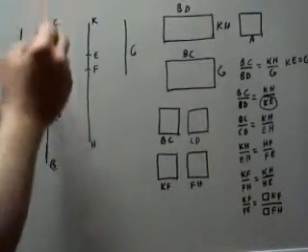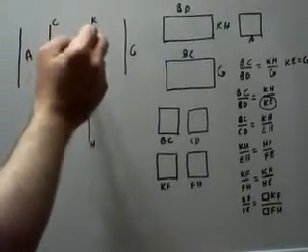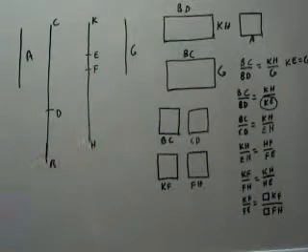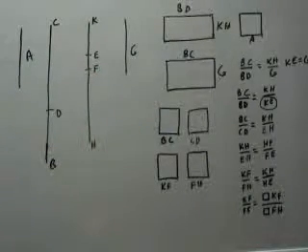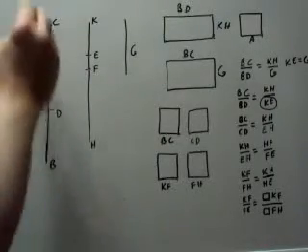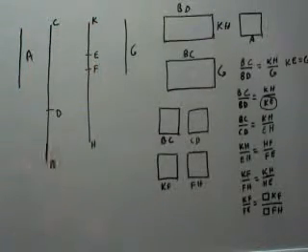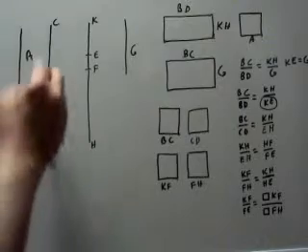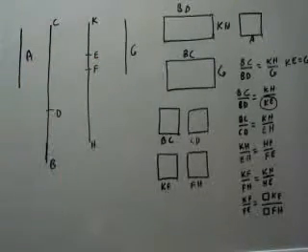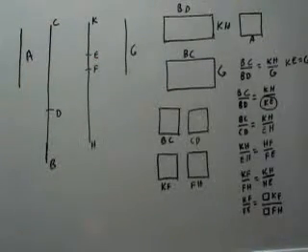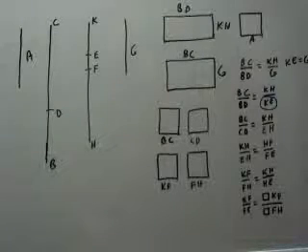As this is to this, so is this to this. Alternately, as BC is to KF, so is DC to FH. That's by Euclid Book 5, Proposition number 16.